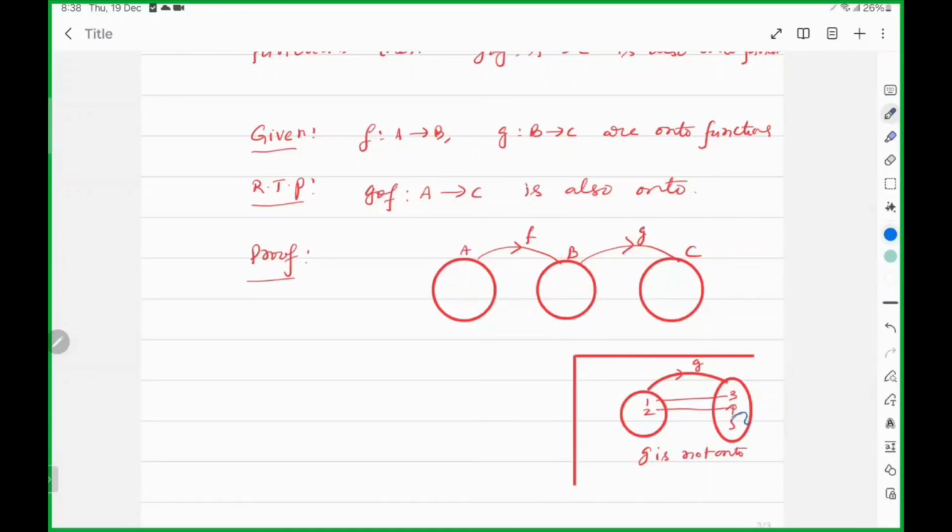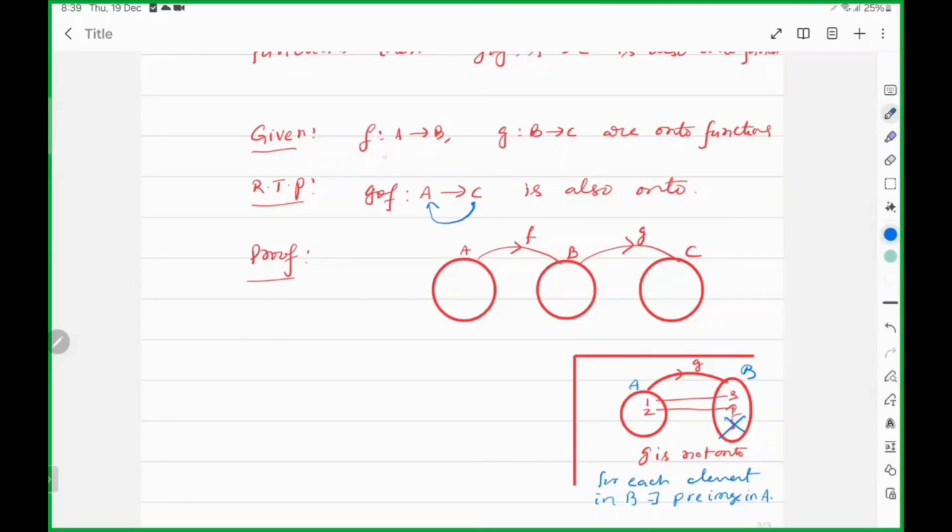It becomes onto when you remove this five. That means what I have to write is, for each element in the codomain, there exists a pre-image. So to prove g circle f is onto, I have to take some element here, and for that element I should find a pre-image. If I can find a pre-image, it is onto.